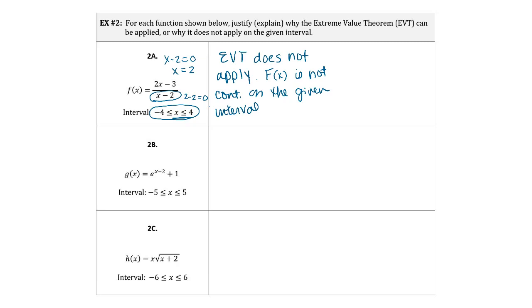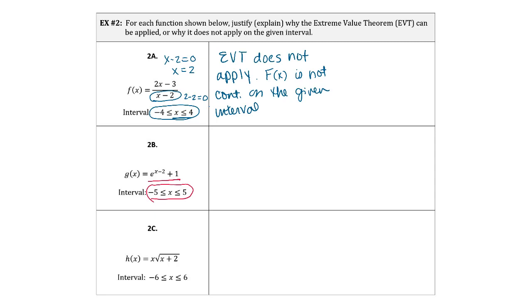All right, so looking at the next example they give us, we're looking from -5 to 5. And notice that with what we're given, we are not taking the square root of anything. We're not dividing by anything. E to the x minus 2 plus 1 is a continuous function over all real numbers.